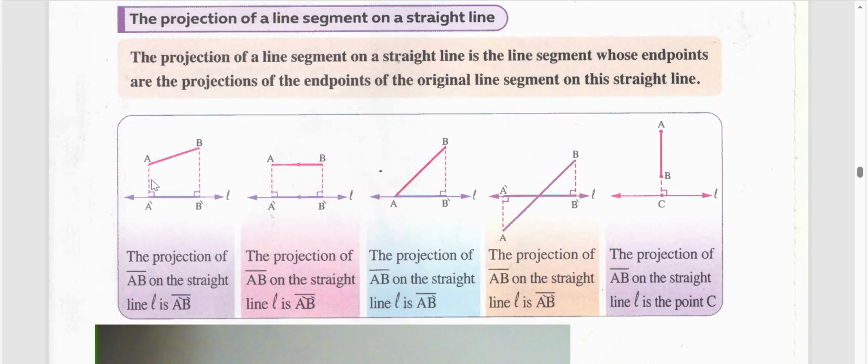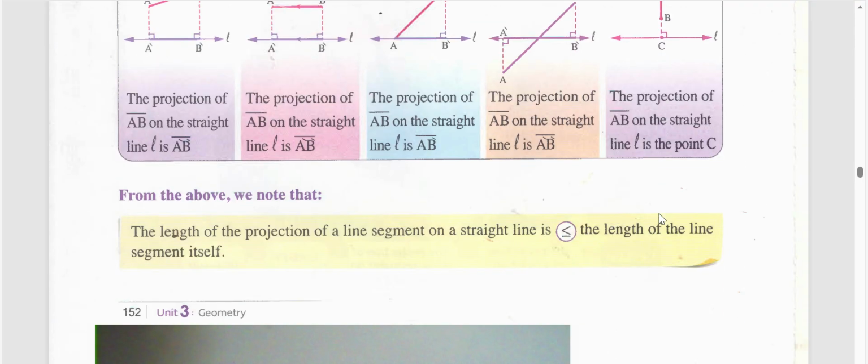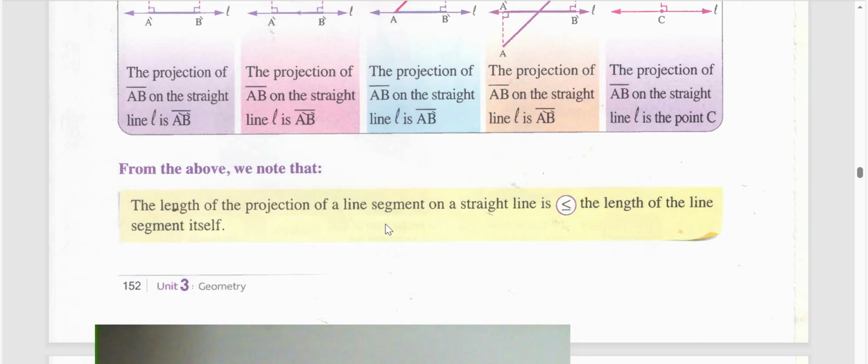By the projection we have the relation between the points A and B and their images A dash and B dash, and the image is always less than or equal to the line segment, okay? But the length will be 0 if it is perpendicular like this. So the length of the projection of a line segment or straight line is less than or equal to the line segment itself.